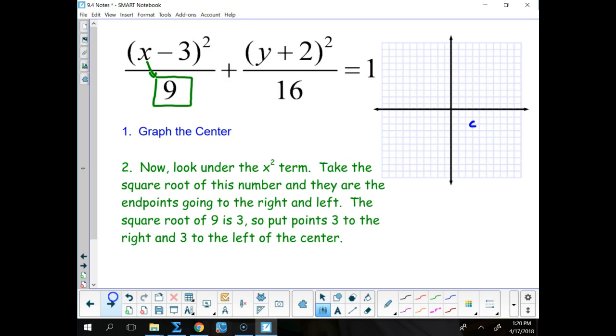In this case, it's 9. We're going to take the square root of that number. So what's the square root of 9? 3. Okay. And from the center, we're going to go left 3 and right 3. 1, 2, 3. 1, 2, 3.